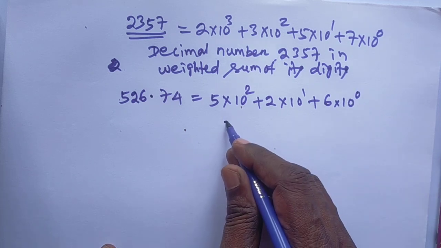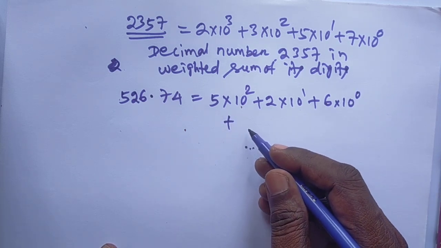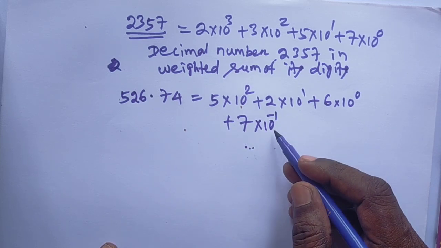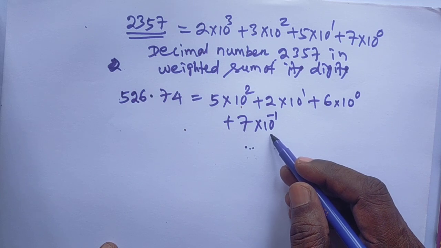Plus, whenever we go past the decimal point, 7 into 10 to the power minus 1, because the base goes to a negative power.